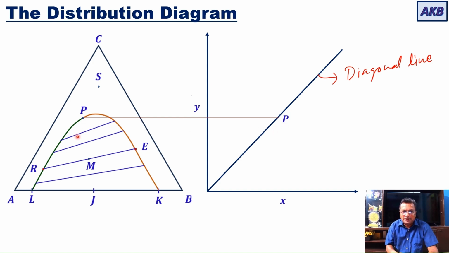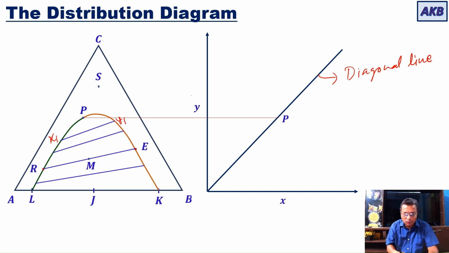Then let us consider this tie line. Let the concentration represented by this tie line in the raffinate phase be X1, and in the extract phase, let it be Y1.